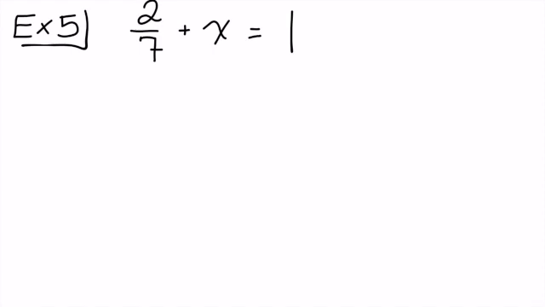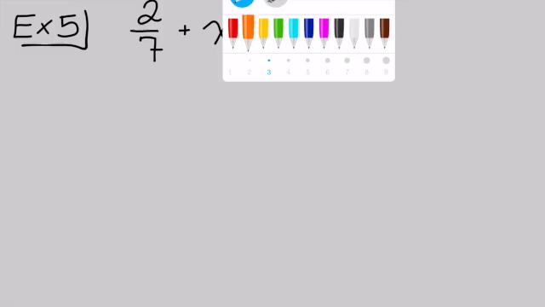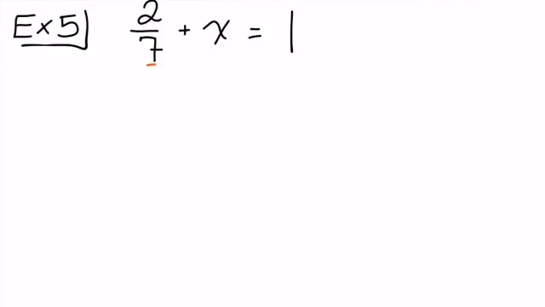We want 1 whole, all right? And in this case, we're working in sevenths. So 1 whole would be 7/7. So if I already have 2/7, what would I have to add to get 7/7? We know our bottom number stays the same, because it's an addition and the bottom is a 7.